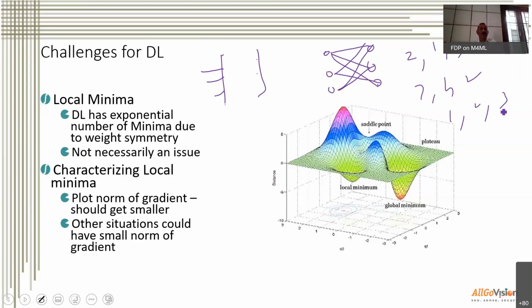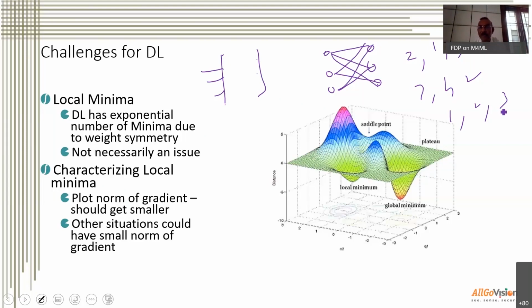Still, what we are interested in actually is the function value or error value at the optimum weights. So it may not necessarily be an issue from a deep learning point of view, but it's definitely harder for the optimization solver, because there are multiple of them and you need to go to one of them only.